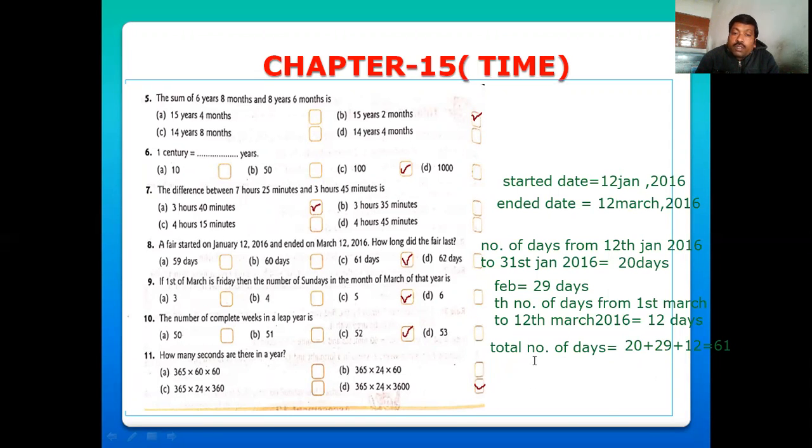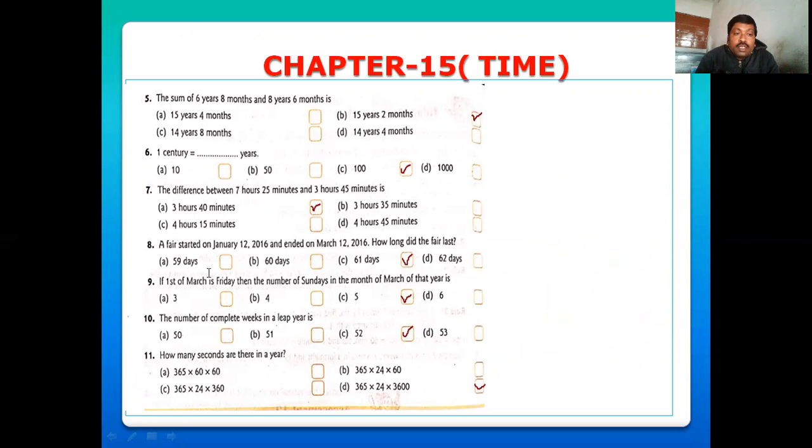So in this way, we can solve these questions. And now see the question number 9. If 1st March is Friday, then the number of Sundays in the month of March. Number of days in March is equal to 31 days.